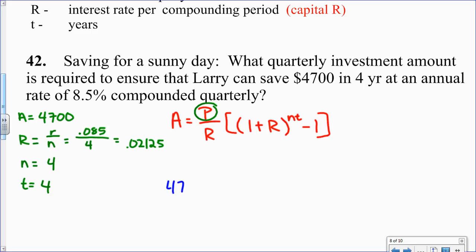So 4,700 equals P over 0.02125. And then instead of the brackets, I'm going to just use a second set of parentheses because in your calculator it'll be easier to do that. So 1 plus 0.02125 to the 4 times 4 minus 1.